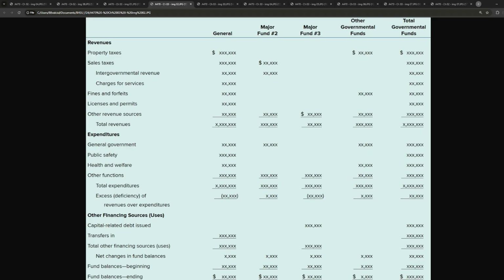Sometimes they can be both, and I've listed here: payroll, utilities, or travel can be both an expenditure and an expense because they're used up and they are purchasing a good or service. But just be careful of your definition. That'll be one of the ones I definitely test. What is the difference between an expenditure and an expense?